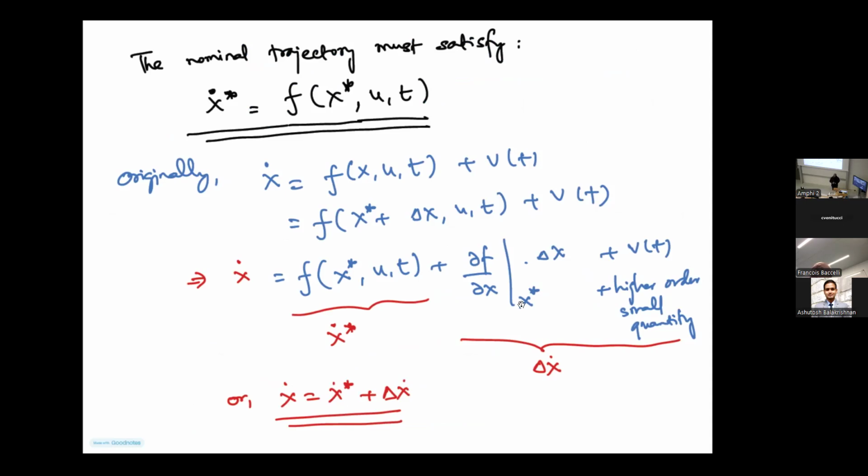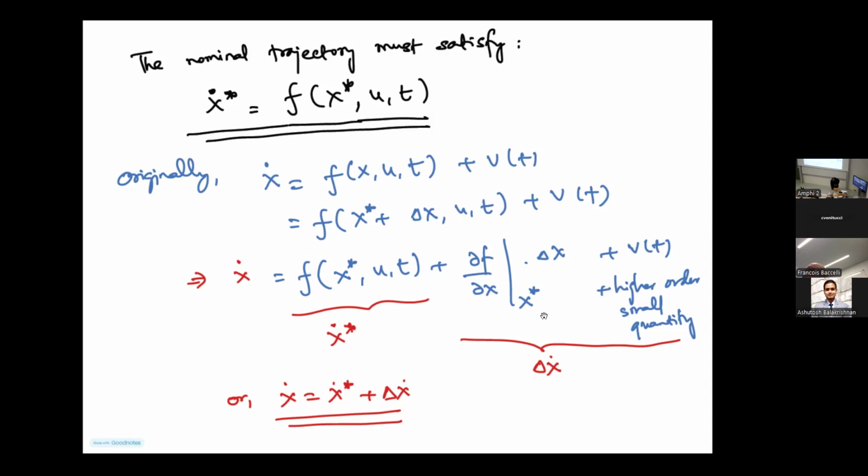So basically you linearize the originally non-linear function f by differentiating the function at x star, which is at a deviation of del x from the original x. And so x dot can be represented in this fashion.